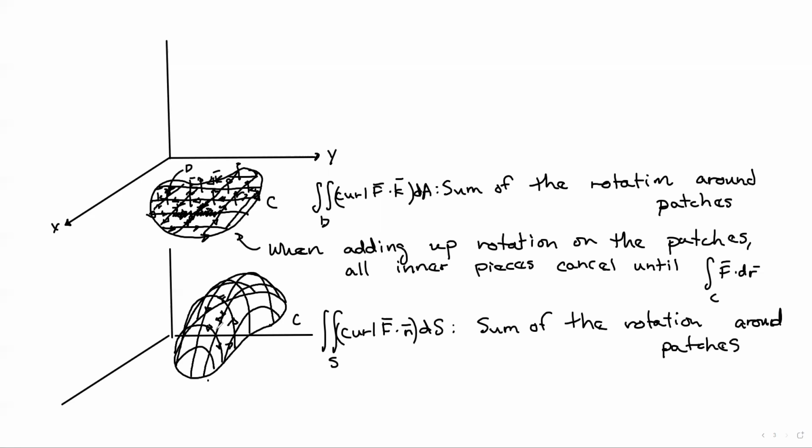Oh, this inner piece cancels just like it did with Green's theorem. If we do this guy here, this piece cancels because we have oppositely pointing vectors. And across the entire thing, all of the inner pieces are going to cancel just like they did with Green's theorem.